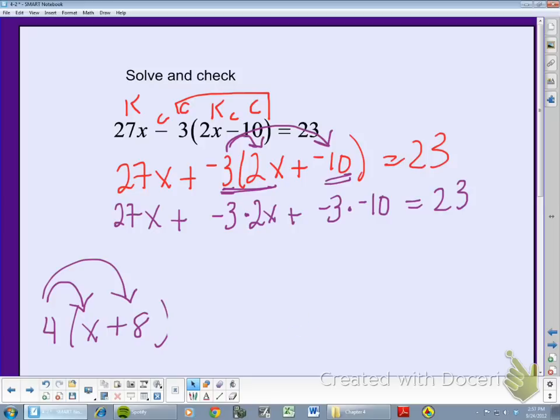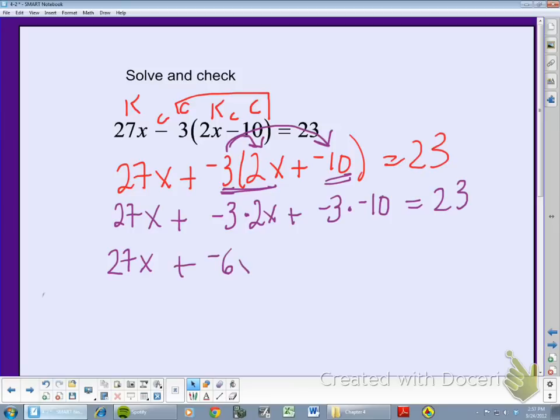Okay, so let's focus on this one. So we have 27x plus, that's -6x, plus 30, right, is equal to 23. Now the left-hand side is still not finished yet because I have like terms.